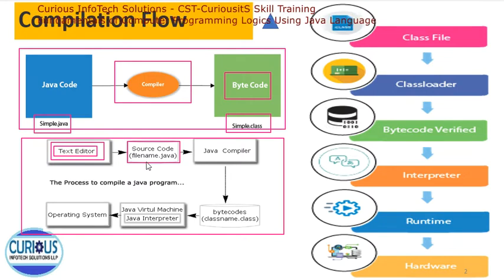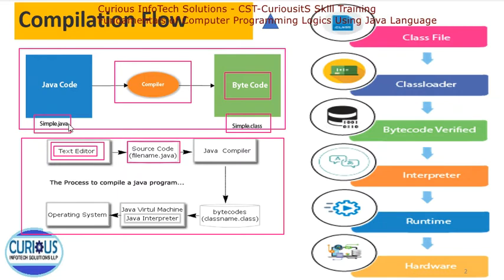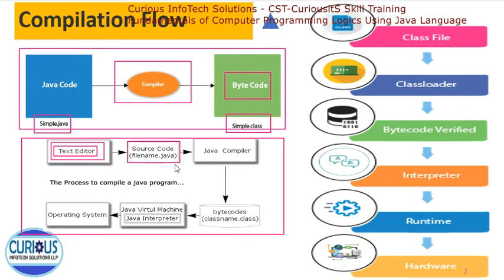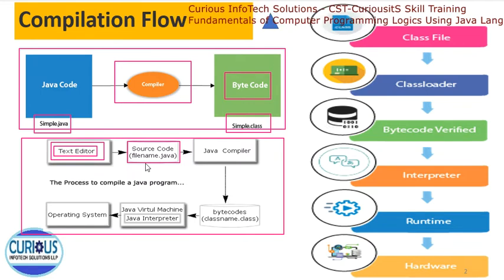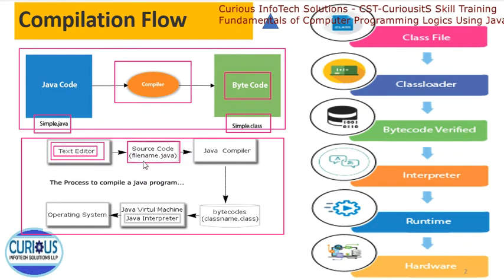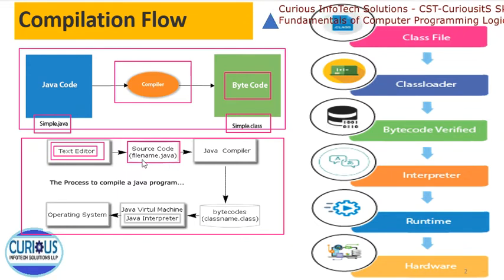Suppose you want to make a program for addition of two number, so you make your this program as add.java. Clear? Suppose you are making a big program, big project like a calculator, so you have to write here calculator.java. So this file name should be according to your task.